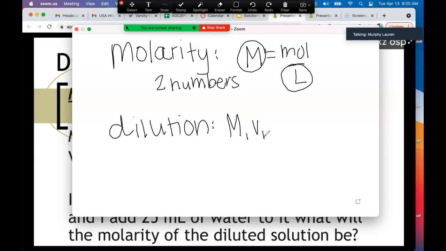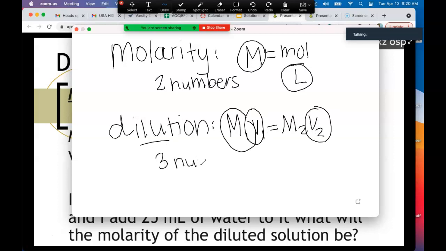For dilution, besides the wording where you see the word like dilute, they gave us 3 numbers. You can't use this equation up here when you have 3 numbers.